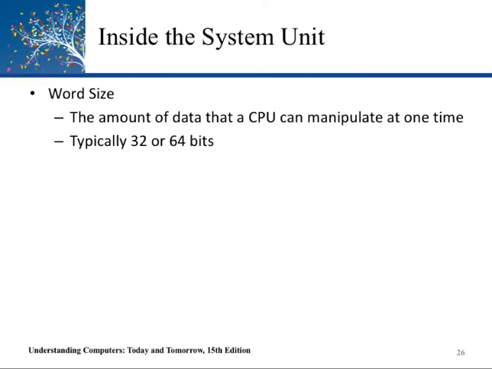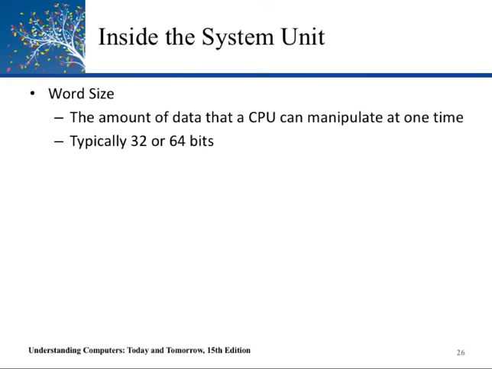If it can only process 32 ones and zeros, and a machine next to it can process 64 ones and zeros, well, the one that can do 64 is going to be a whole lot faster than the one that can do 32, because it can handle far more data at once.